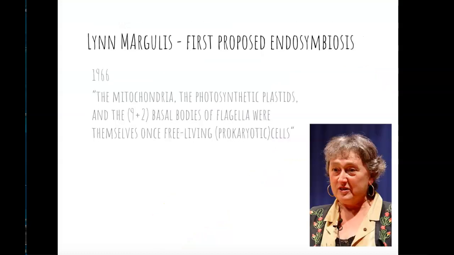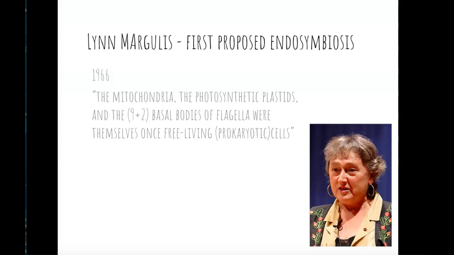A scientist named Lynn Margulis was the first to propose endosymbiosis as a hypothesis for how prokaryotic cells evolved into eukaryotic cells, and she did this back in 1966. She said that the mitochondria, the photosynthetic plastids, and the 9+2 basal bodies of flagella were themselves once free-living prokaryotic cells.